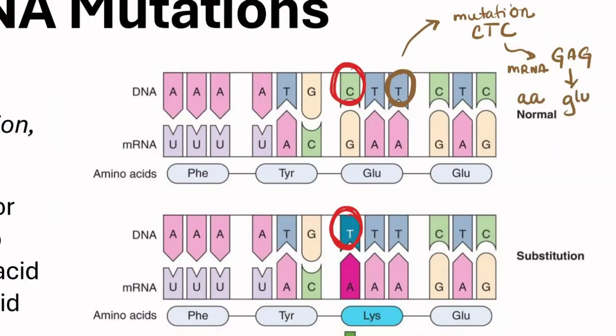So if the mutation would have happened at the last base pair, notice that this substitution does not lead to a different amino acid because we still have the same one. When that happens, that is called a silent mutation. And it is silent because even though a substitution happened, the same amino acid was produced.